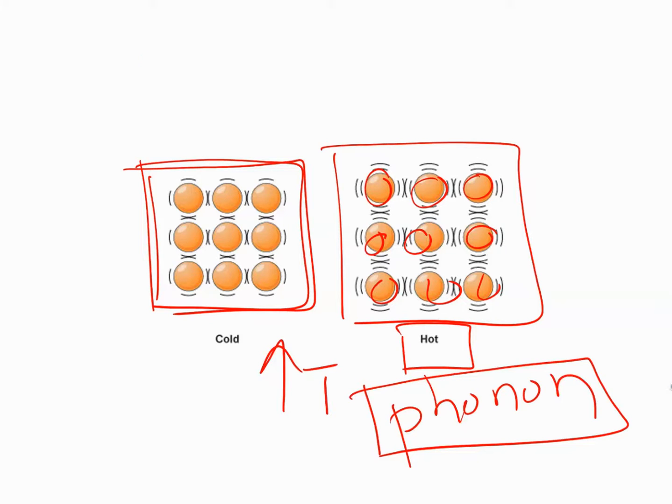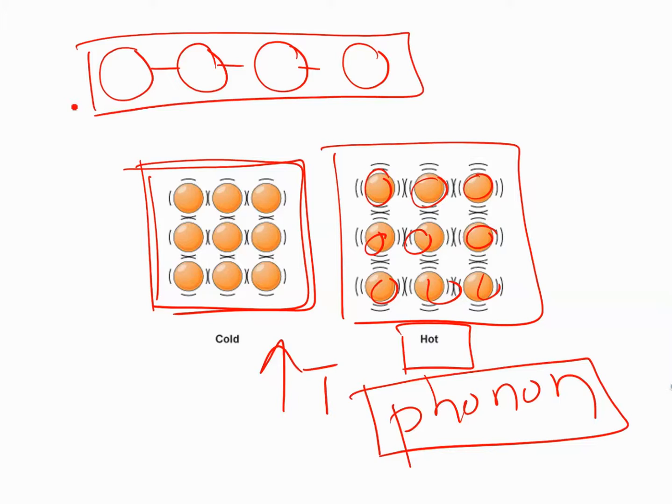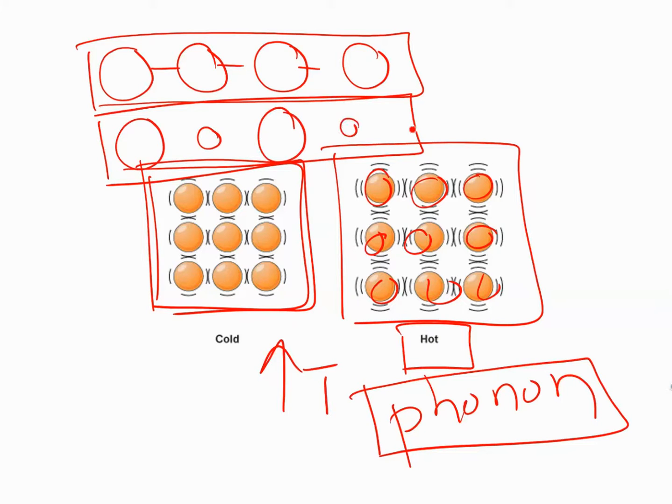The first model will be the monoatomic model, where the atoms in the solid are composed of only one type of atom. The second model will be the diatomic model, which contains two types of atoms with two different masses.